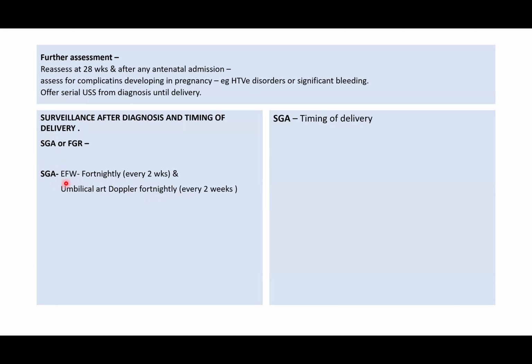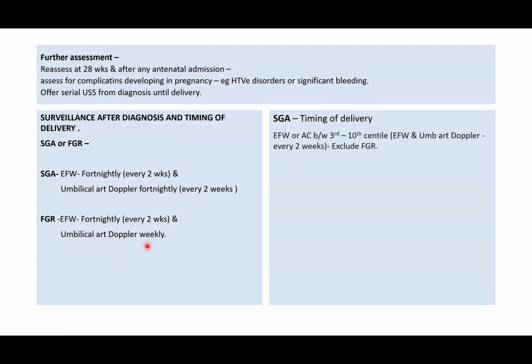So in SGA, estimated fetal weight and umbilical artery Doppler are both done every 2 weeks. And in FGR babies, estimated fetal weight is done every 2 weeks, but umbilical artery Doppler is done weekly, because FGR babies need more frequent surveillance. That is why umbilical artery Doppler is done weekly.